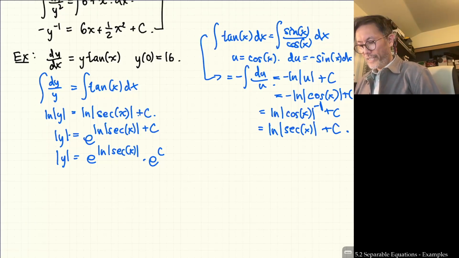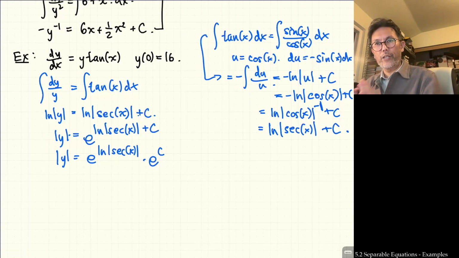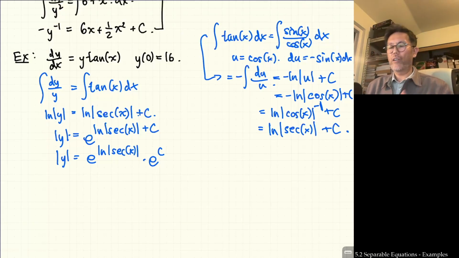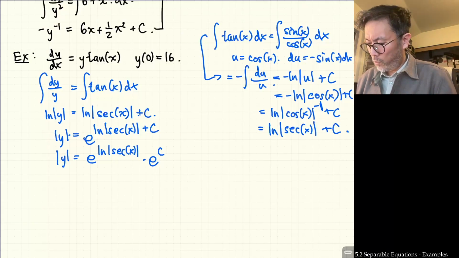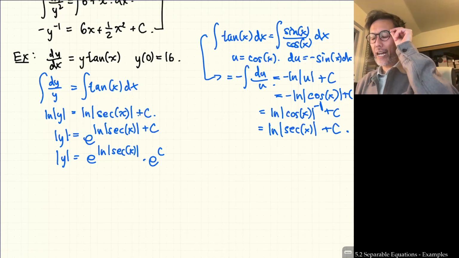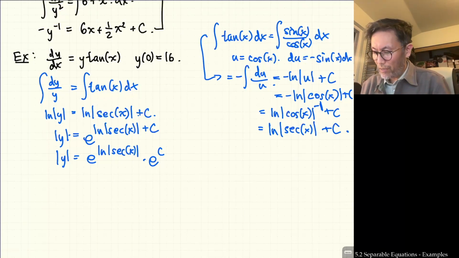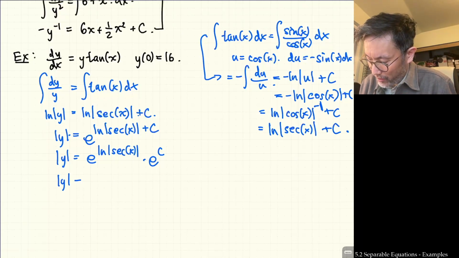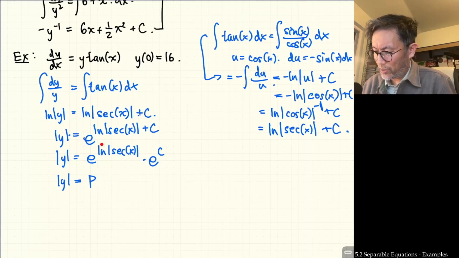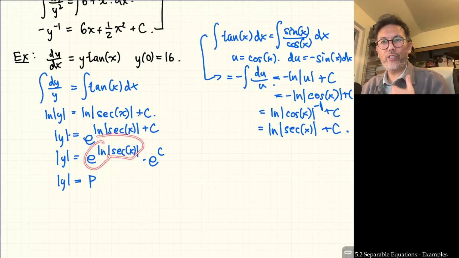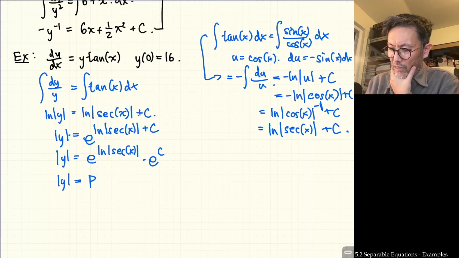It's a positive quantity, so I'm going to rewrite that positive quantity as temporarily p. Can I do that? p stands for positive. Oh, and by the way, what is e to the natural log of something? That's just the absolute value of secant of x.